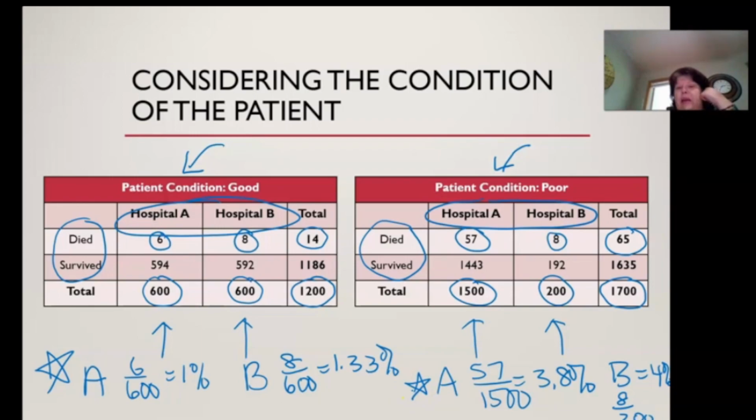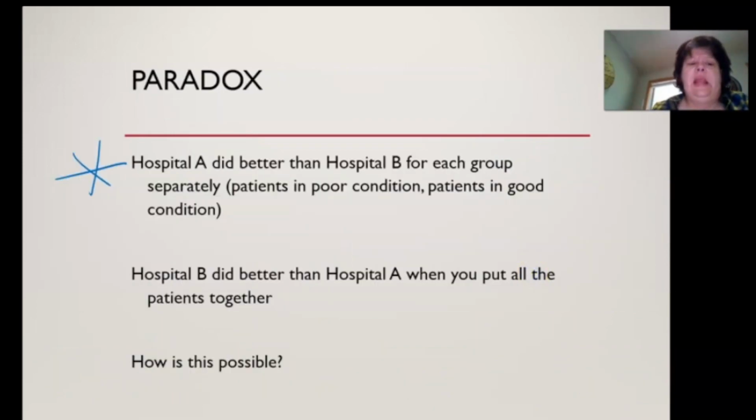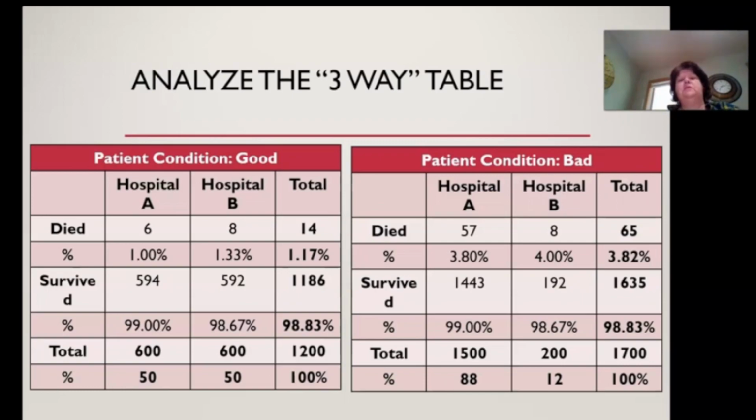So A did better when you looked at the condition of the patient in both situations. But when you put everybody together, A looks worse. That's called Simpson's paradox. How is this possible? Here are the actual percents.